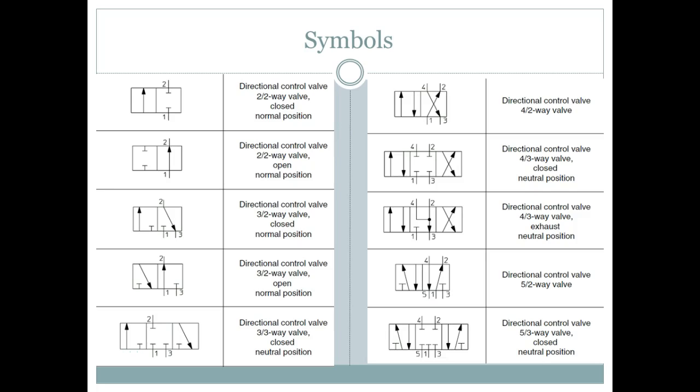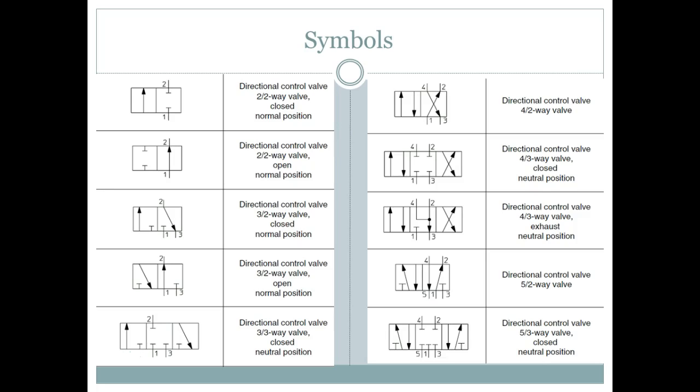All your working ports are going to be even numbers. All your power ports are going to be odd numbers. Does that make sense? So it would go 1, 2, 3, 4, and then the 5 would be another power source port.